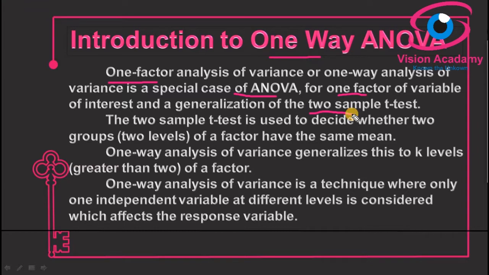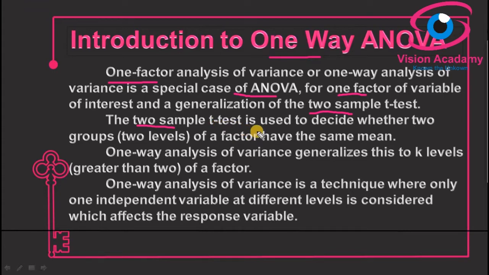So if you have one factor, you can also go for a t-test. The difference between one-way ANOVA and t-test is in its sample. If you have two samples, you can go for a t-test: two samples with one factor. One factor means an independent variable; there must be one factor.